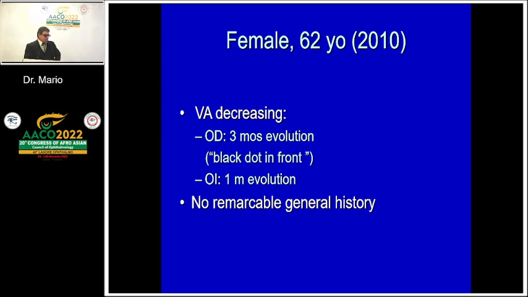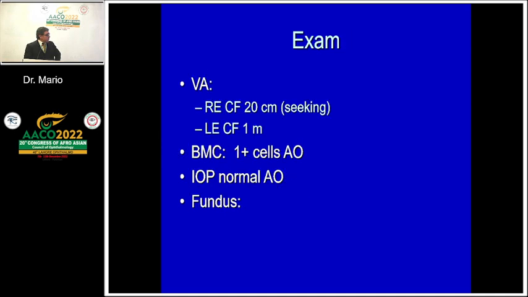She came to us with decreasing visual acuity in her right eye, 3 months of evolution. She referred a black dot in front. In the left eye, she said, well, maybe I'm feeling different, I don't see as I used to. No remarkable general history.